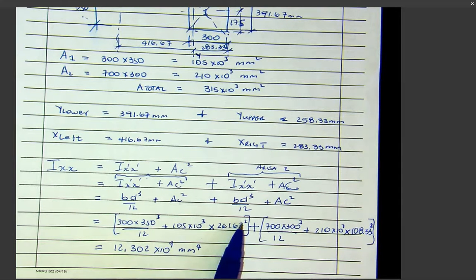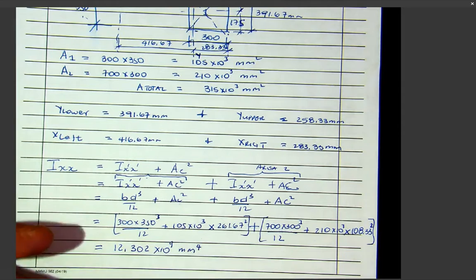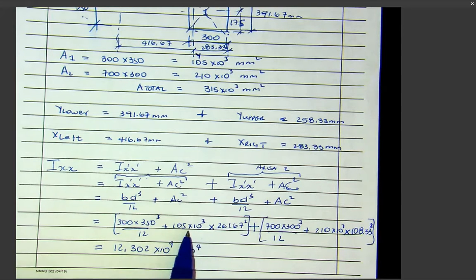Millimeter to the power 2 times millimeter to the power 2 will give me millimeter to the power 4. So here I've got the magnitude of my moment of inertia. If you have noticed there, I'm using an area there, I'm multiplying by distance. That means again I'm using moment of area, but it's a second moment of area.